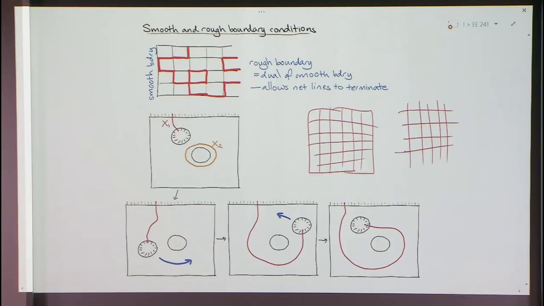Essentially, the difference in terms of the stabilizers is that at a smooth boundary, the x stabilizers are unchanged; they're squares, whereas the z stabilizers are changed, weight 3 instead of weight 4. At a rough boundary, the z stabilizers are unchanged; they're all weight 4 still, but the x stabilizers now have weight 3.